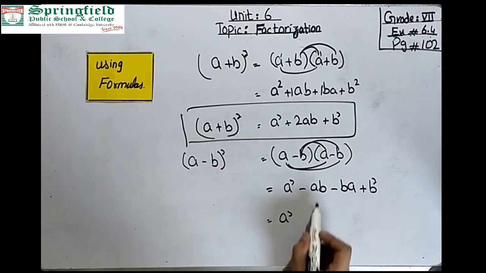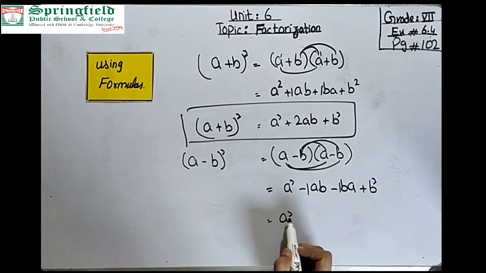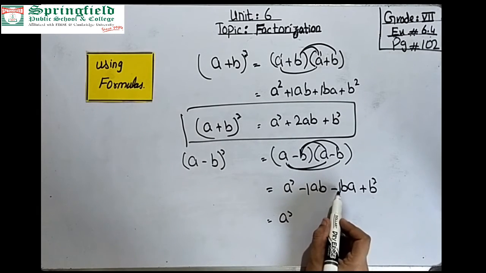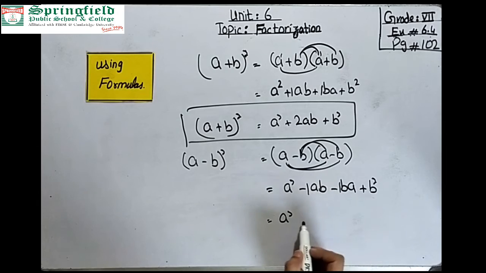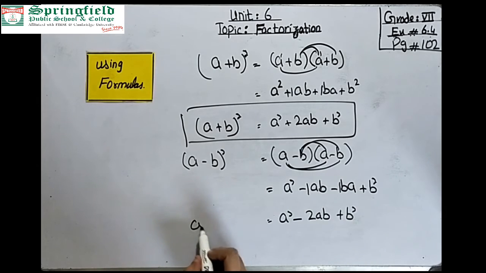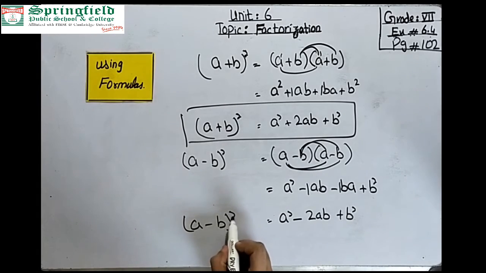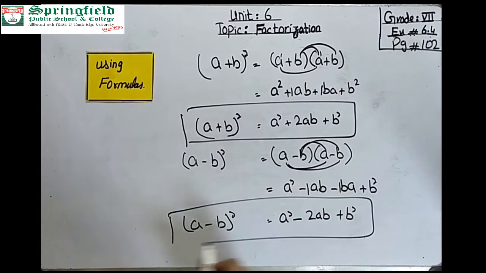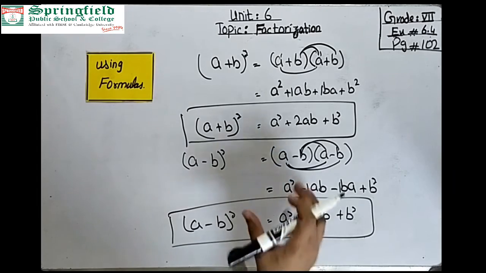So a square, and the coefficients are 1 and 1, so minus and minus gives 2ab with the minus sign. (a minus b) whole square is equal to a square minus 2ab plus b square. Understood, beta? And we will use these two formulas.